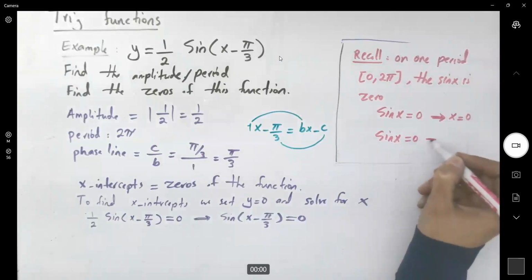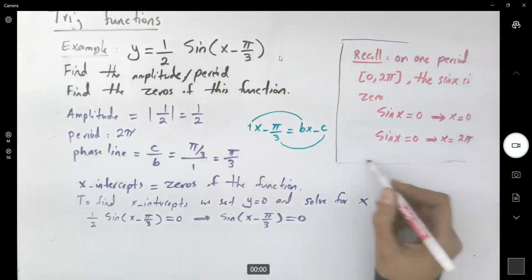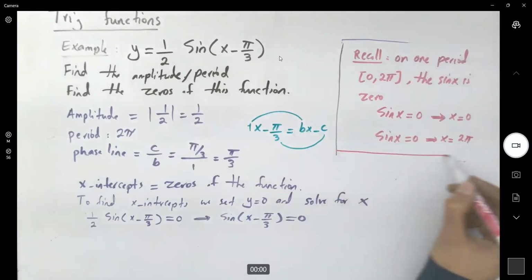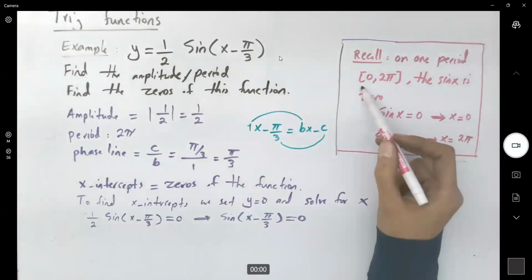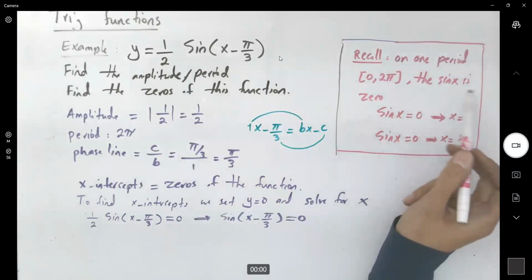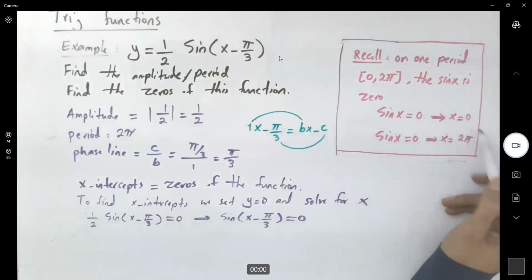Sine x is also 0 if x is equal to 2 pi. All right, this is what we learned before from the sine function. In one period, 0 to 2 pi, the sine of x is 0 at 0 and also at 2 pi.